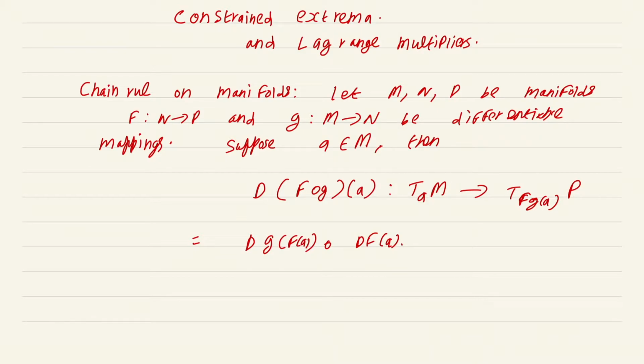Now the proof of this requires two exercises that I have given in the notes relating the tangent space to curves. So I'm going to take it for granted that you have solved these exercises. So let's give a proof assuming those exercises.